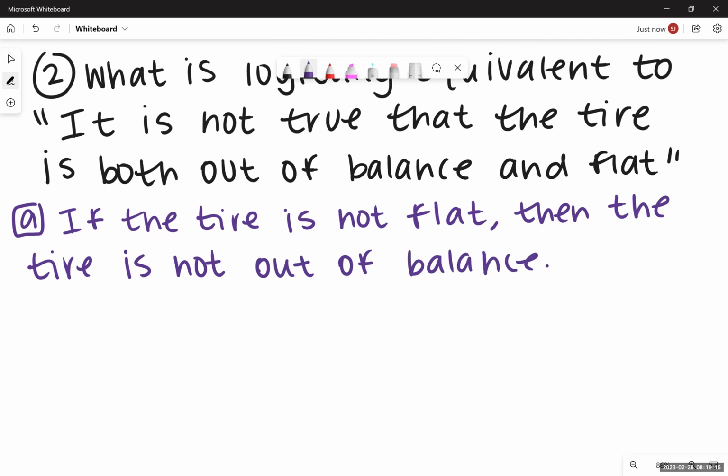We're gonna write 3 more like this with different words, obviously, and then we're gonna turn everything into symbols. And then do a truth table and we'll see which one ended up being equivalent.